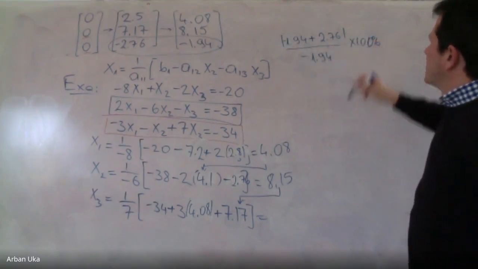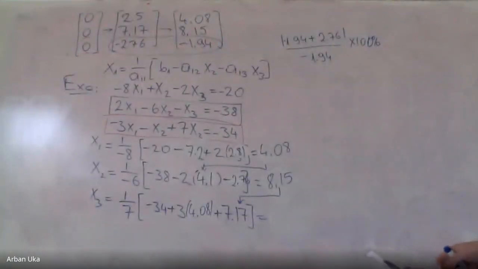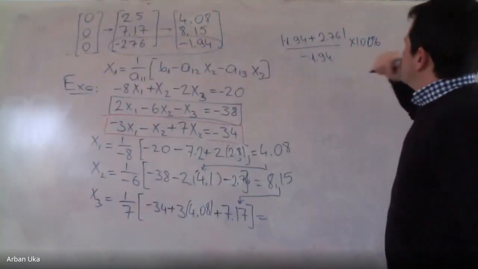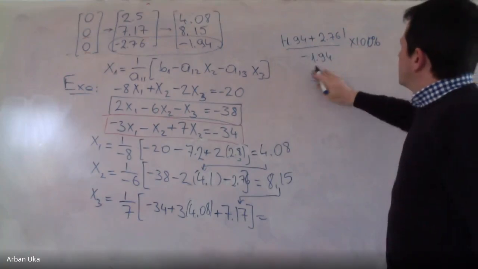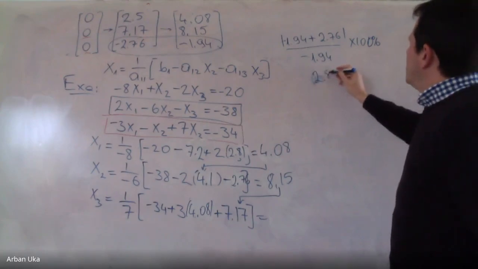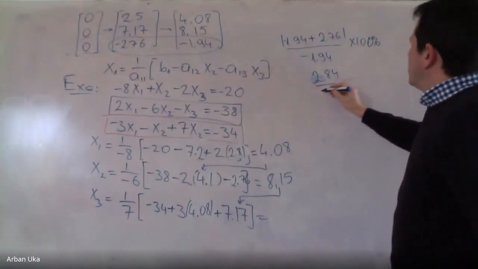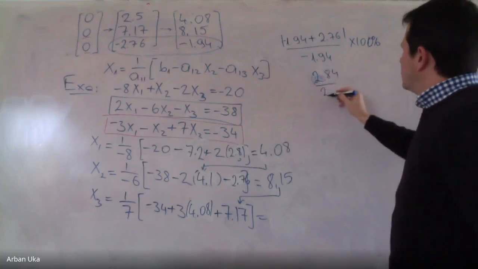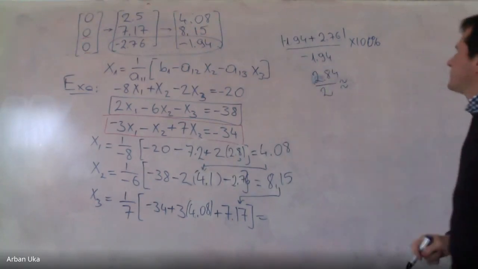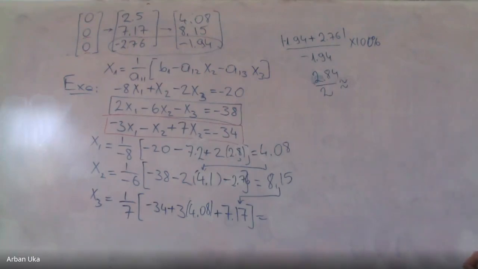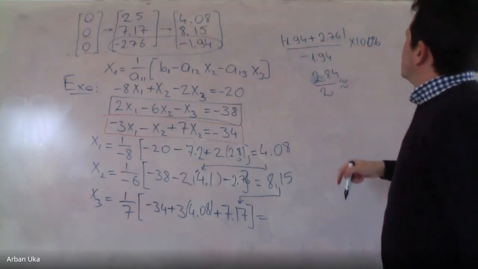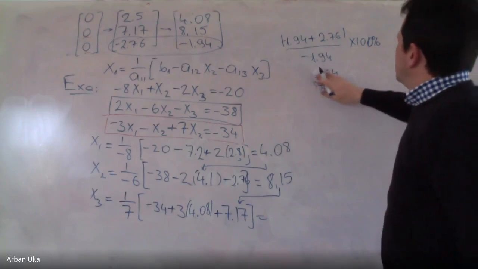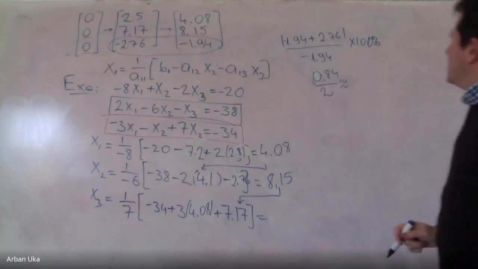So once we do this, we get 2.76 minus this, which is 0.84, divided by 2.